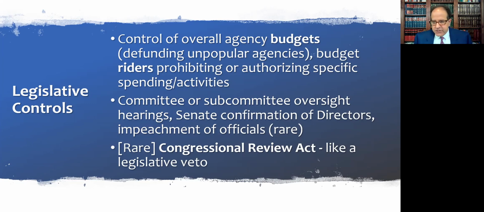Similarly, when we talk about budgets, keep in mind that Congress loves to throw in these super specific riders to an annual budget or omnibus bill that either prohibit or authorize very specific spending activities by agencies. So if you are taking a course that studies the TVA v. Hill case or mentions it as a note case, this is a famous case about the Tellico Dam, where Congress kept earmarking money specifically for the completion of the dam.